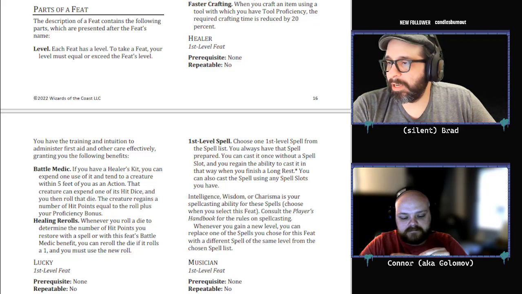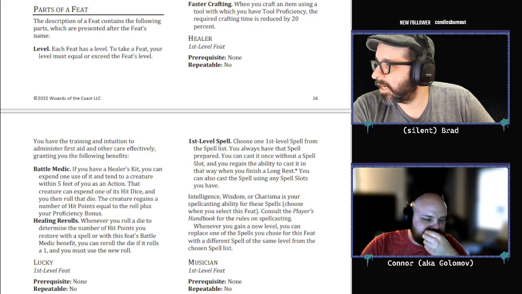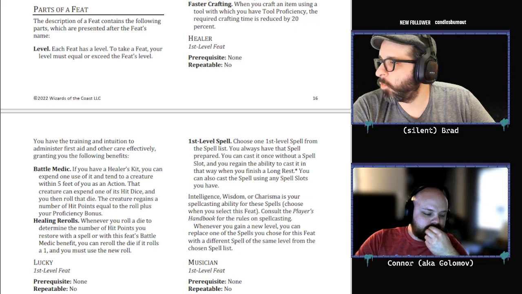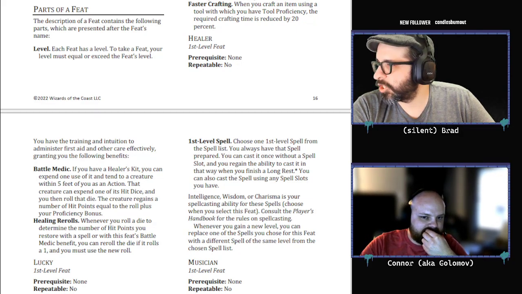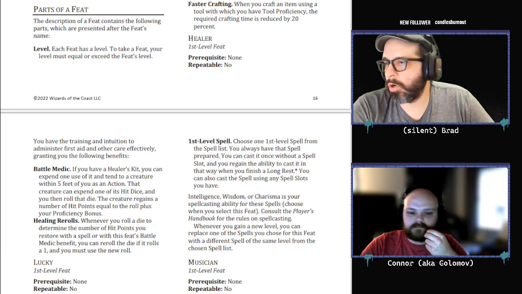Healer, you get Battle Medic, which is pretty good. Let me open up the original Healer. So it used to be when you use a healer's kit to stabilize a dying creature, they gain 1 hit point, and as an action you can restore 1d6 plus 4 hit points to a creature when using a healer's kit, plus the number of that creature's maximum hit dice, once per short or long rest.